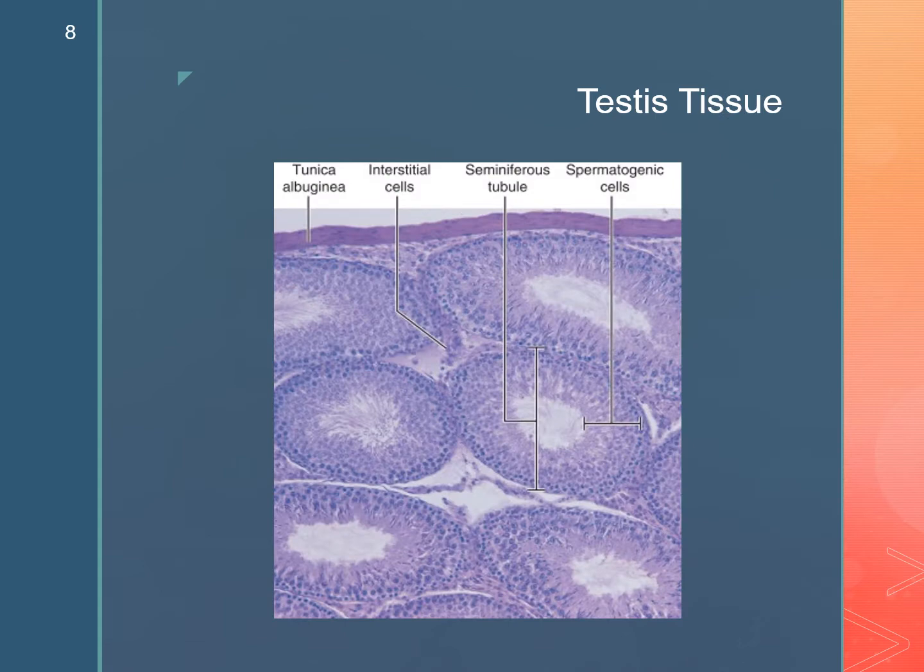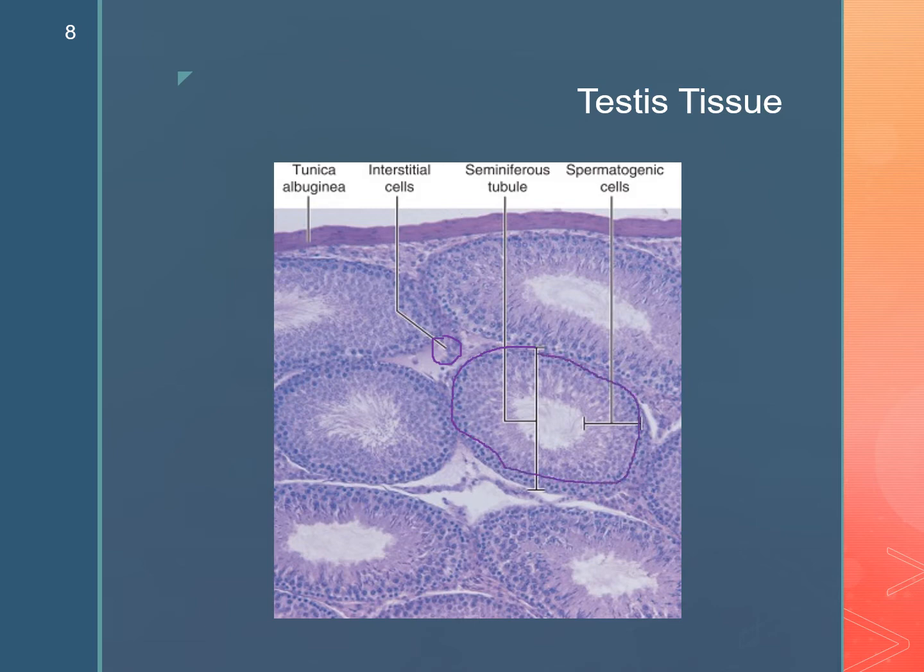Here we get a microscopic look of what testicular tissue looks like, and you can see that they've identified these interstitial cells, right? These cells that are going to be responsible for producing that testosterone. And then this big thing right here, there's several of them, right?